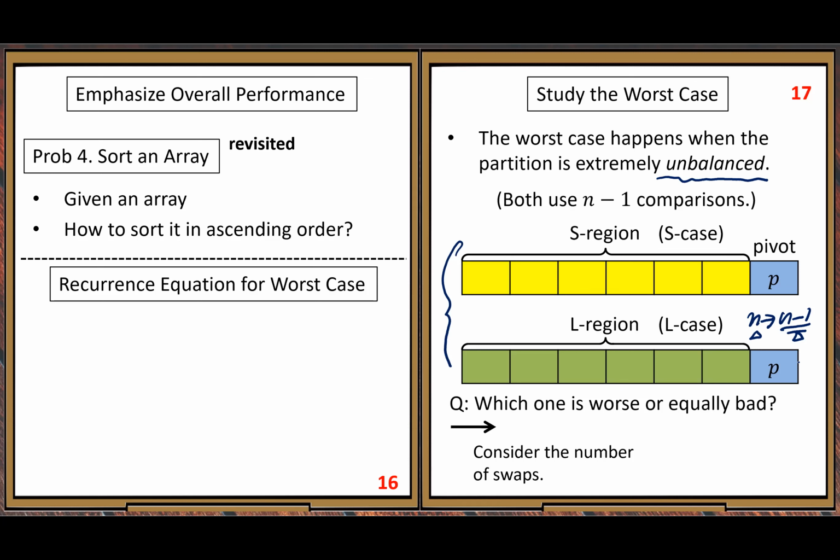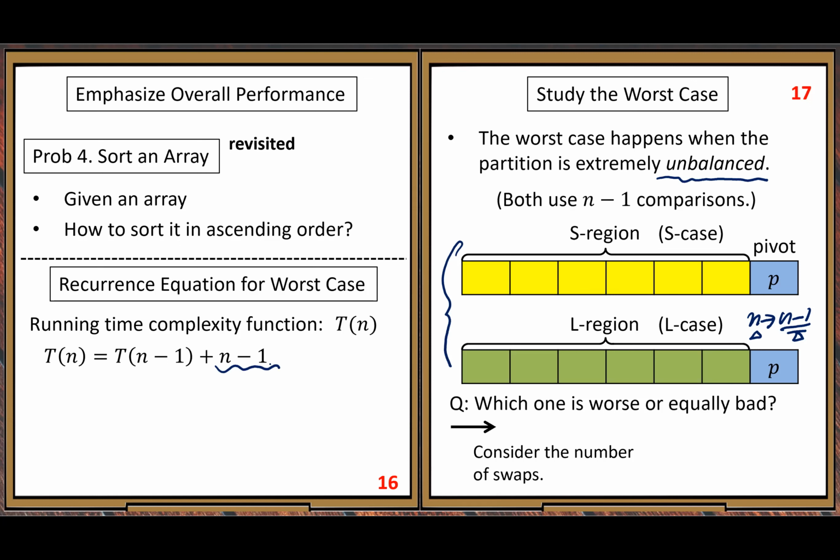Recurrence equation for worst case. Now we want to see the growth function for the worst case, the running time complexity function. Let's say T(n). To sort the whole array, we need to use this many comparisons. After one partition step, we need to do n-1 comparisons.